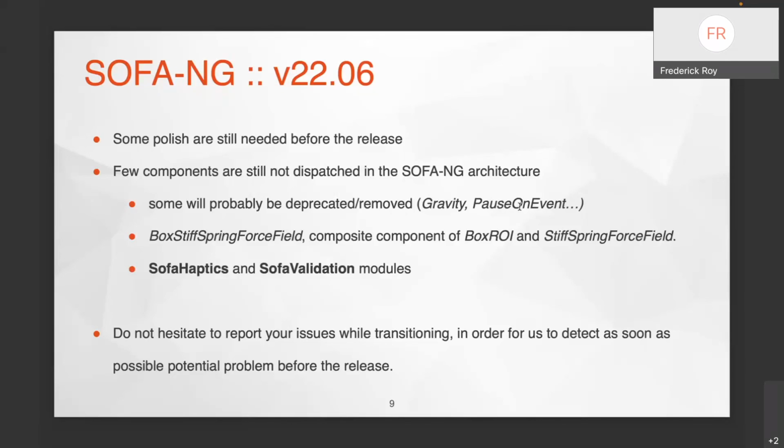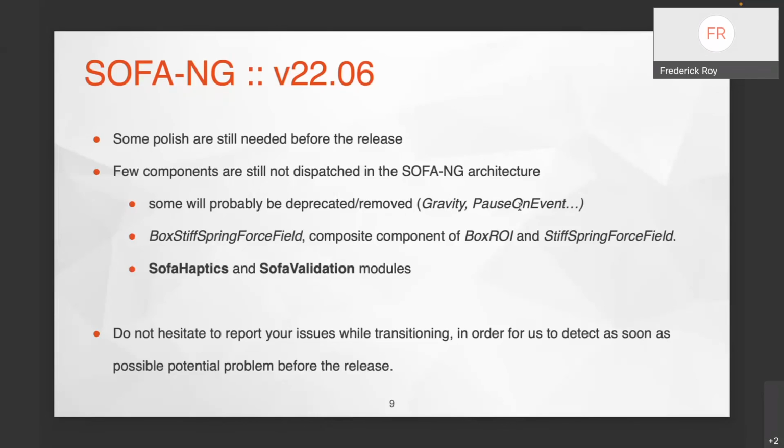Okay. After that, there was a pause on event component, which pauses the simulation if there is a collision, which is a bit weird. There is some weird stuff like that, so I guess it will be moved to deprecated or removed state. The second one we have to decide about, because it's a meta component, just a composite of two components.